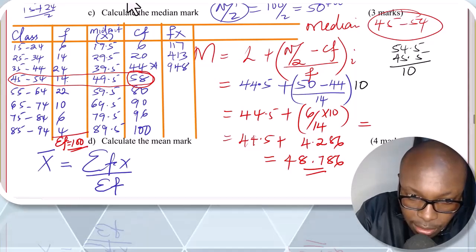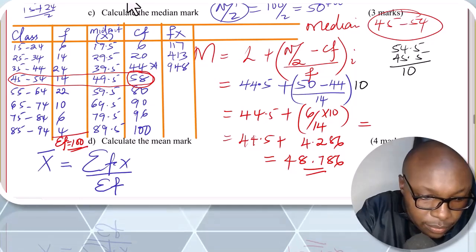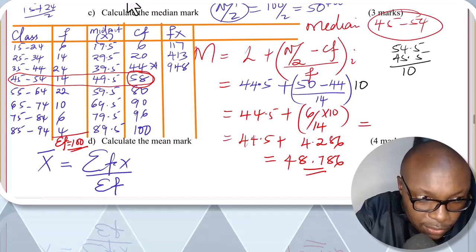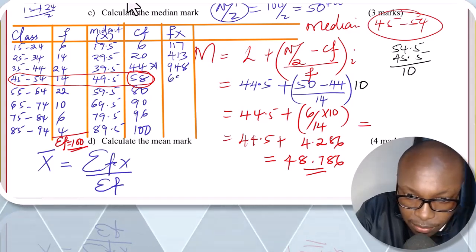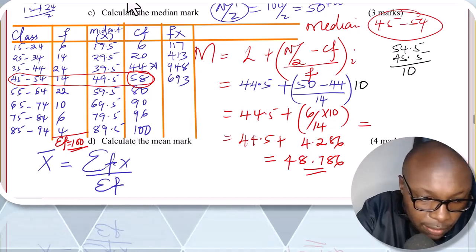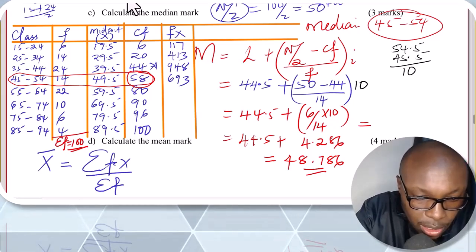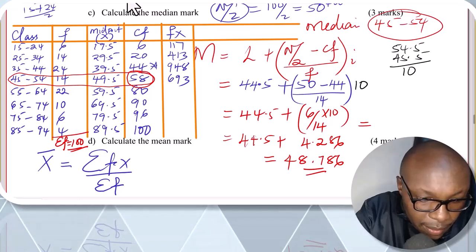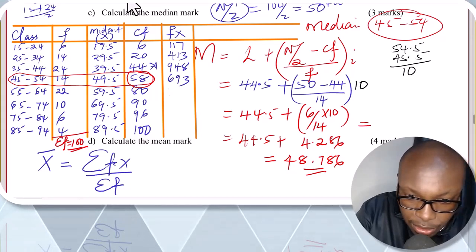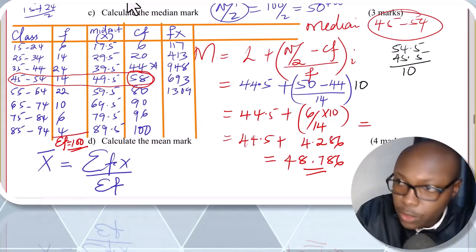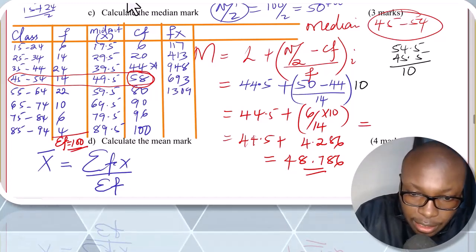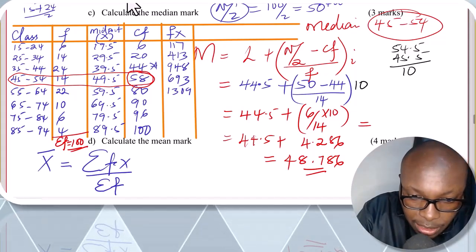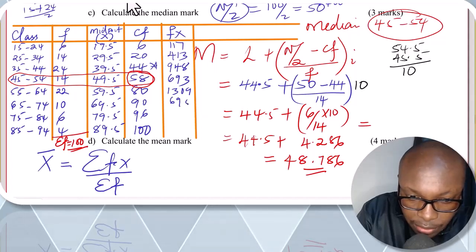Then 14 multiplied by 49.5 will give 693. Then 22 multiplied by 59.5 will give 1309. And then the next one is 10 multiplied by 69.5, that will give 695.